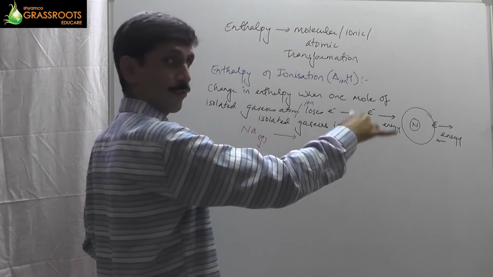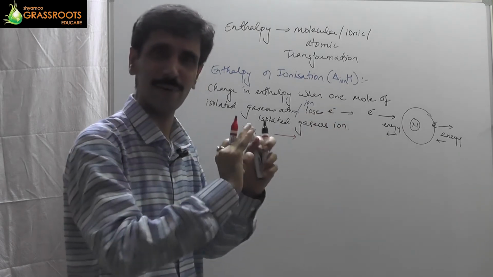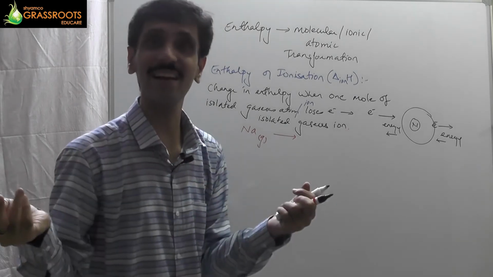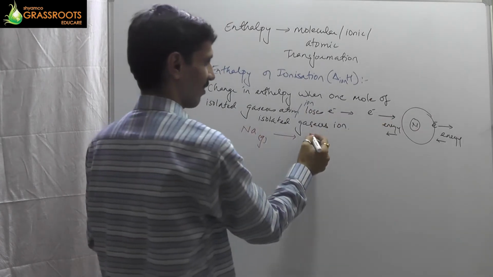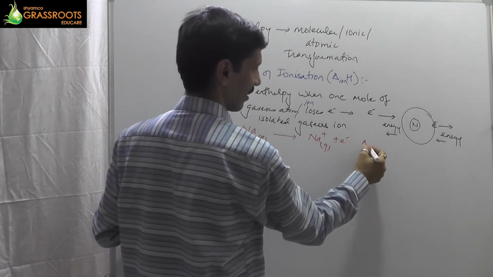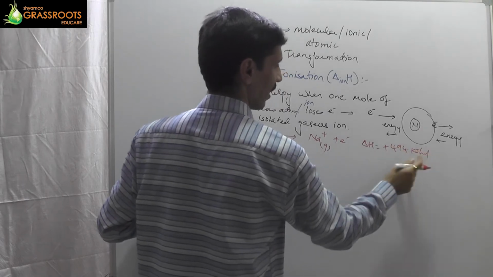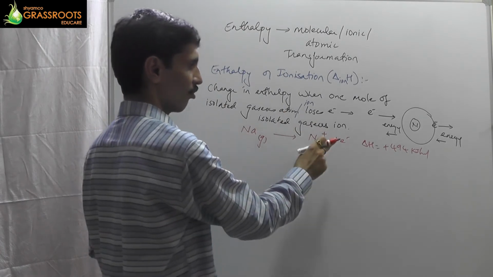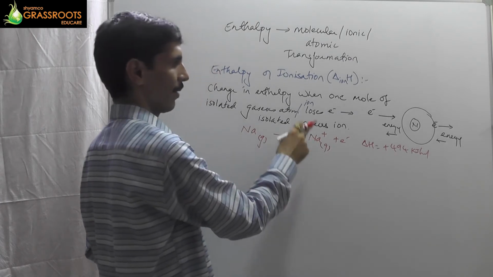That means we are going to show it this way, यानी इलेक्ट्रॉन has to be on the right hand side. ये याद रखिएगा। डायरेक्शन याद रखो तो कभी कोई गड़बड़ नहीं होगा। Don't try to memorize all these concepts, कि जब लॉस ऑफ इलेक्ट्रॉन तो इलेक्ट्रॉन कहाँ लिखना है, on the right hand side. लॉस मतलब ऐसे जा रहा है, so obviously it has to be on the right hand side. इलेक्ट्रॉन लॉस होता है तो पॉजिटिव चार्ज आता है: Na(g) → Na⁺(g) + e⁻, and delta H will be equal to positive 494 kilojoules per mole. यानी इतनी एनर्जी देंगे to 1 mole of isolated gaseous sodium, then it is going to lose electron, it is going to form 1 mole of isolated gaseous sodium ion.